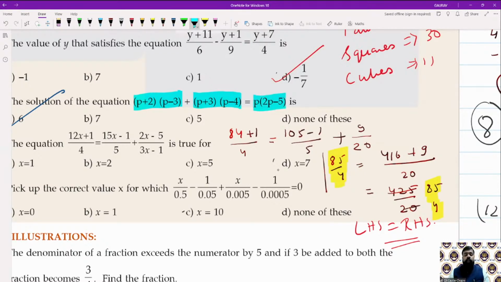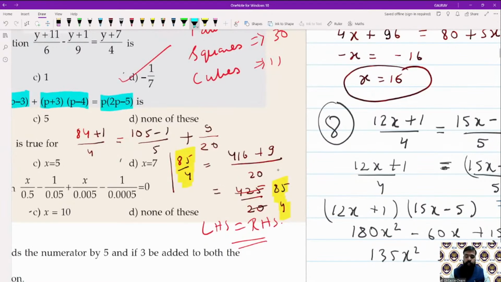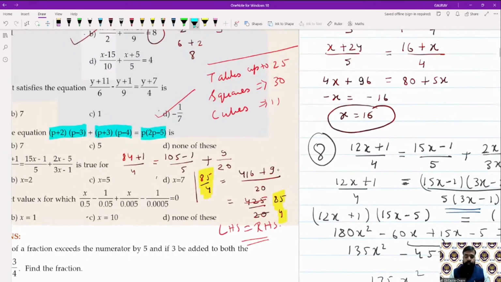So in this manner, we have done the multiplication. After multiplying, the variables have to be brought to the left hand side and constants to the right hand side. Then whatever variable is cancelling, you cancel it, and after that you will get your result. So we are done here.